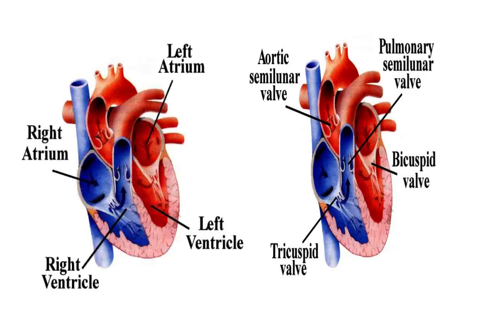So if we look here at the valves, we have our tricuspid, our bicuspid, aortic, and pulmonary. Okay, so remember that word atrioventricular? These 2 valves, the tricuspid and the bicuspid, are called atrioventricular valves because they are between the atria and the ventricles, okay?